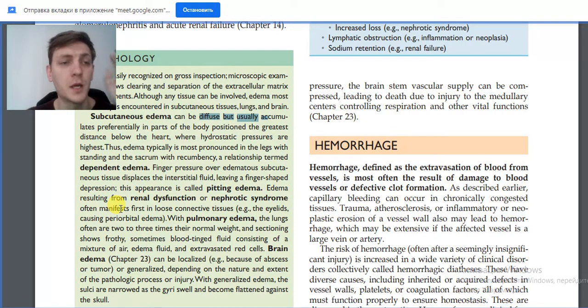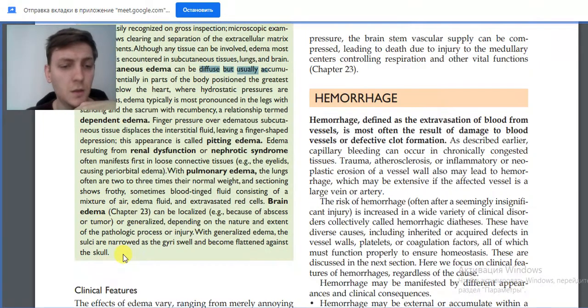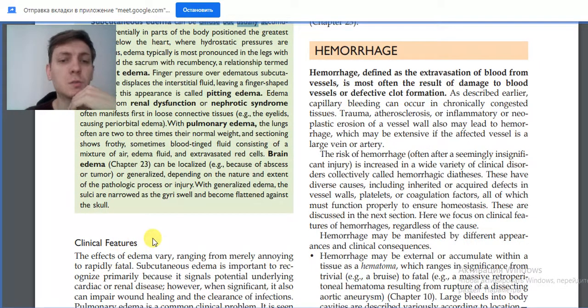But anyway, this edema is named hypoosmotic edema, hypoproteinic, or hypoalbumin edema. Okay, but sometimes it also causes brain edema. About brain edema we'll discuss in a relevant topic in nervous system pathology. I think it will be only in the third year.